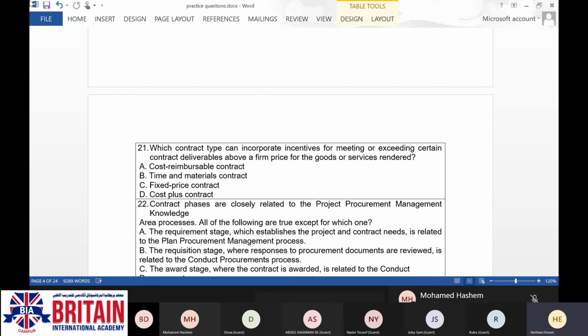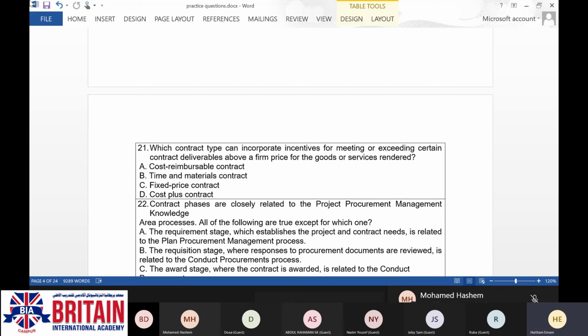At this moment, maybe I'm going to make a loss instead of even breaking even. I'm going to pay from my own pocket. So in that situation, this term will be there to review the prices in case anything requires that. That's called fixed price with economic price adjustment.